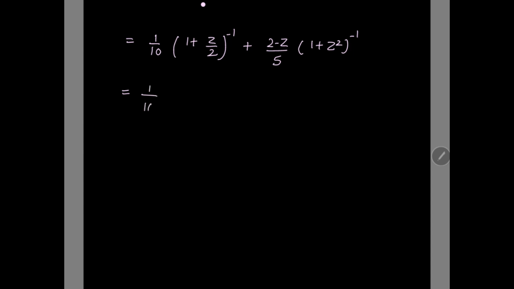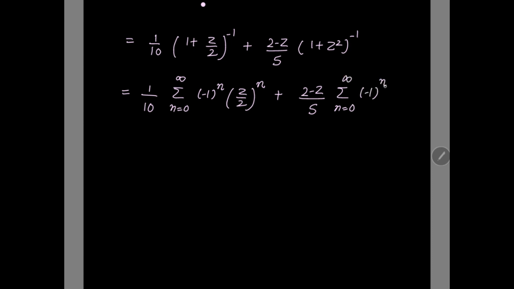So this is 1 by 10. You can check your remarks. In summation form, this expansion will be n going from 0 to infinity, minus 1 the power n into z by 2 the power n. This is 2 minus z by 5, summation going from 0 to infinity, minus 1 the power n into z square the power n.